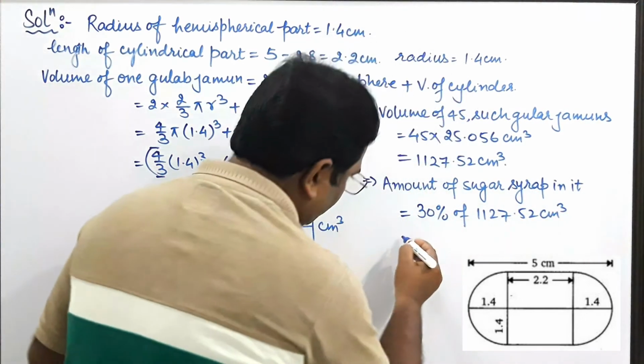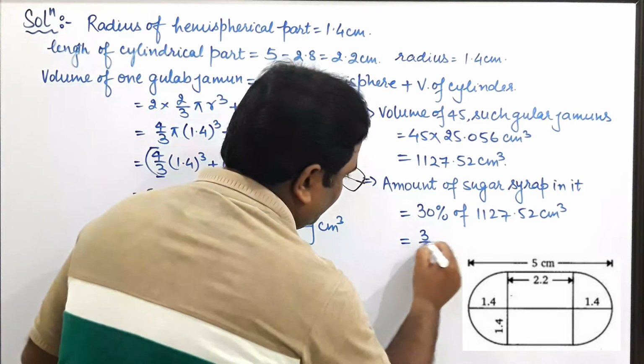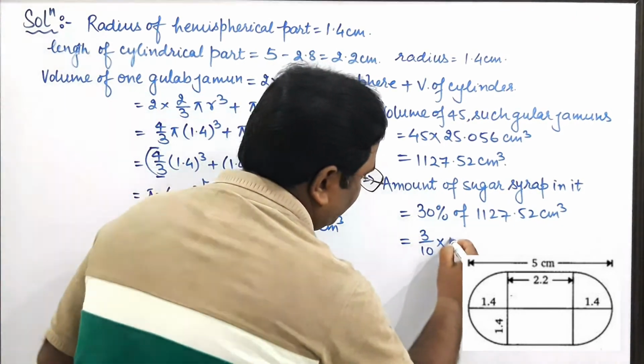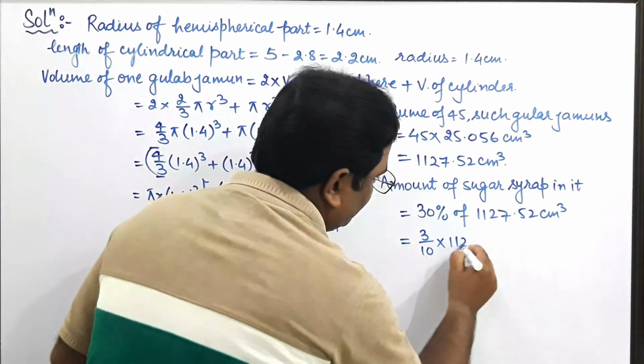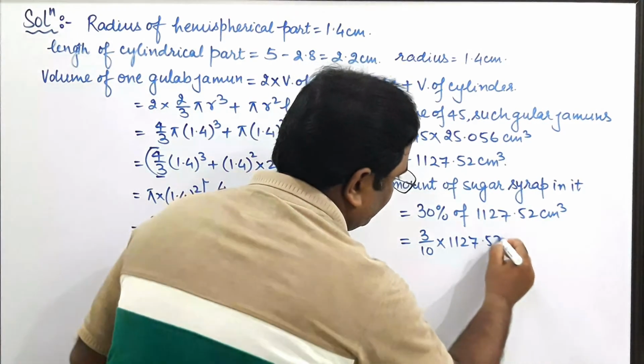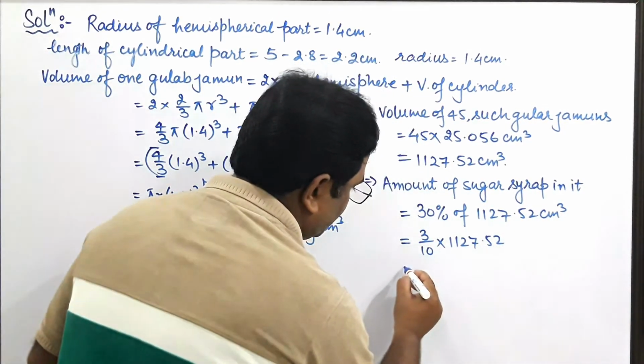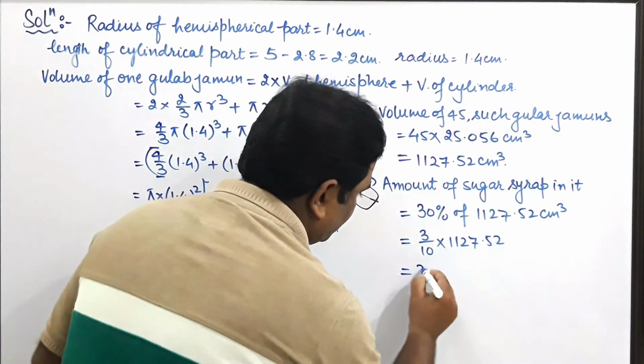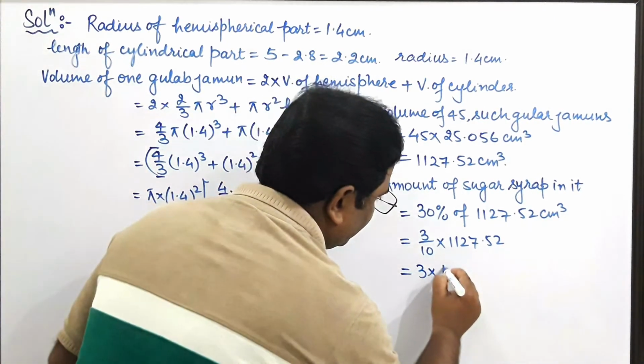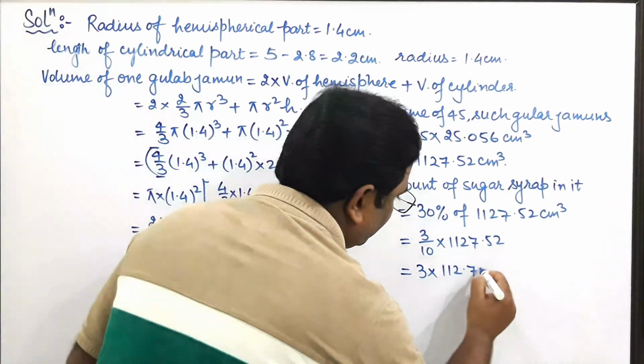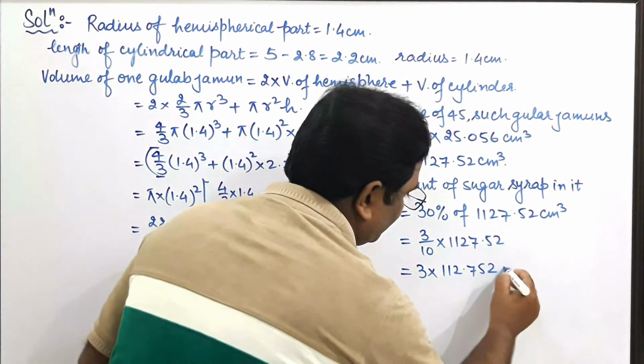So 30% means 3 upon 10 multiplied by 1127.52. So this is 3 multiplied by 112.752 cubic centimeter.